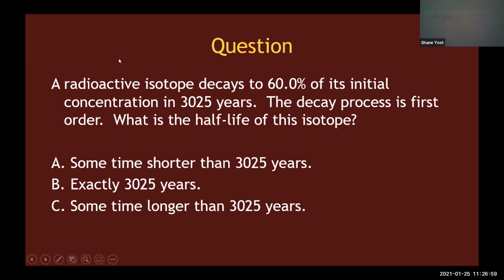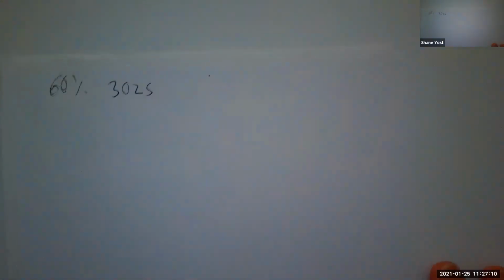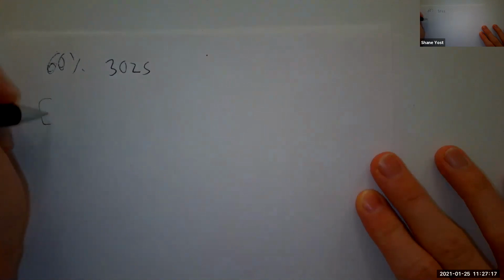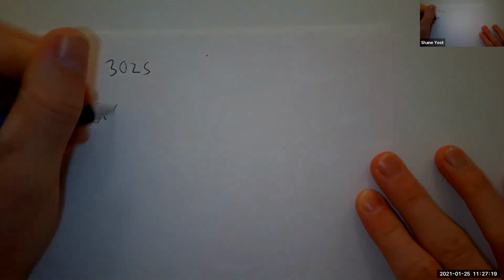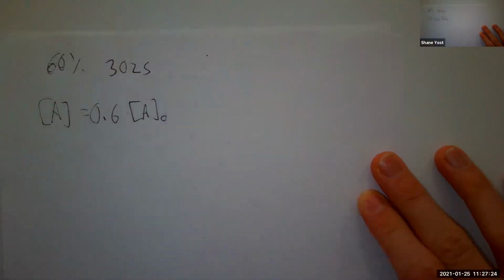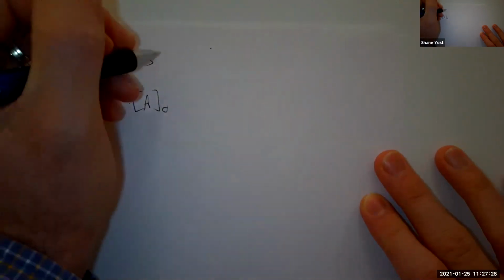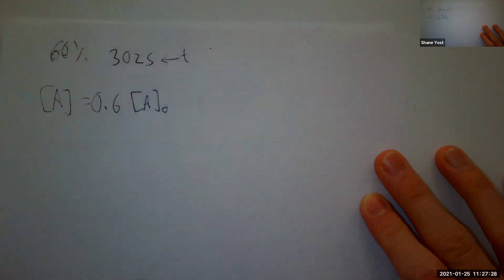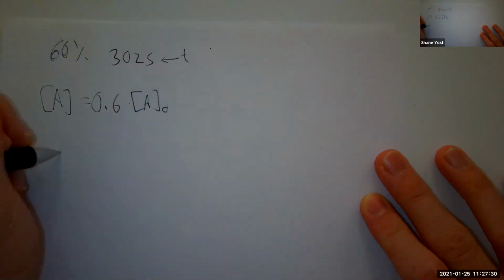So if we actually want to calculate that value, I decay 60% of the original amount, which is basically saying my concentration of A is equal to 0.6 times A naught. And this is the time that it took. Okay.